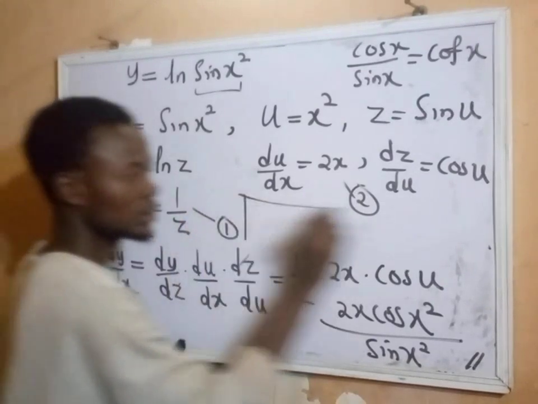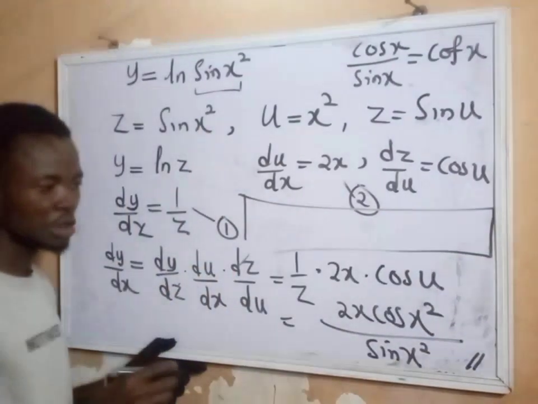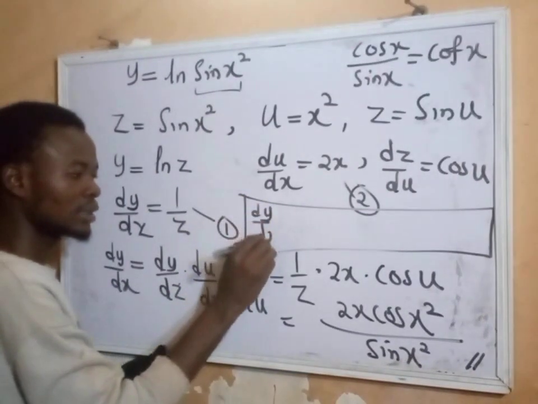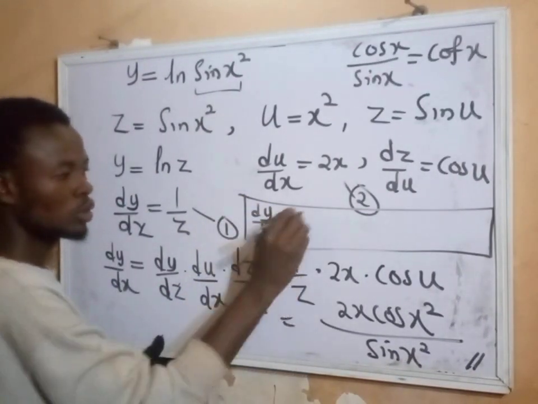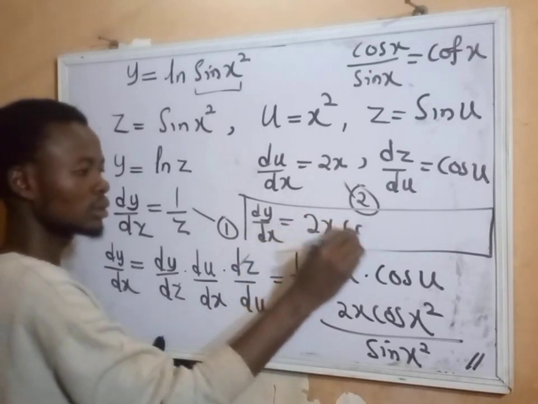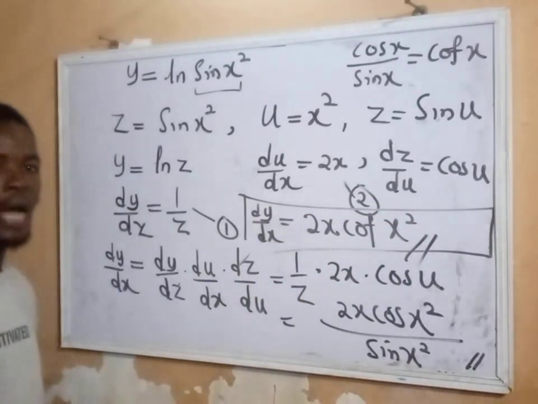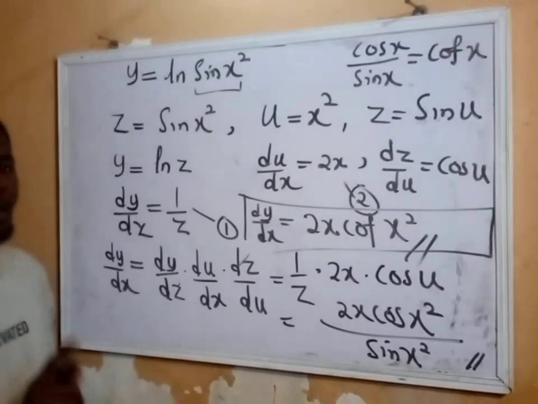So your answer here, if you wish, can still be dy/dx equal to 2x cot x raised to power 2. You are still absolutely correct.